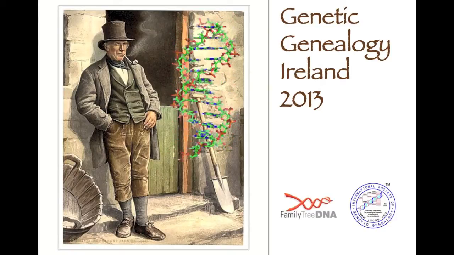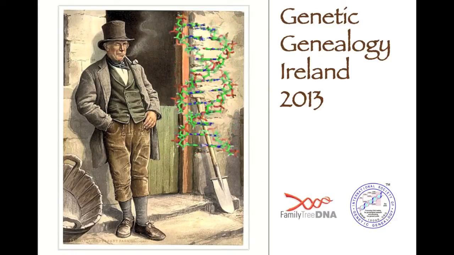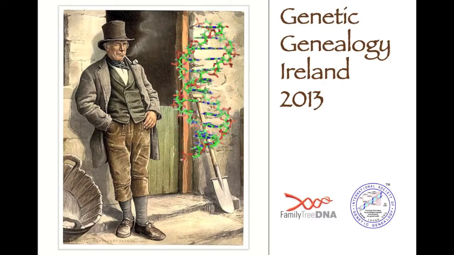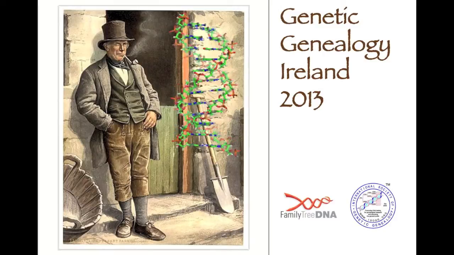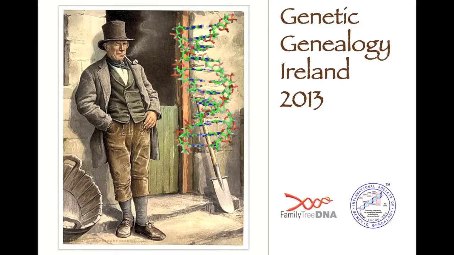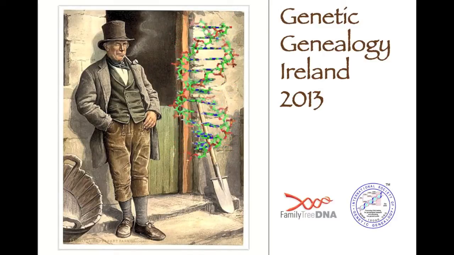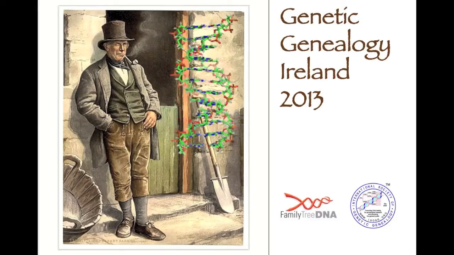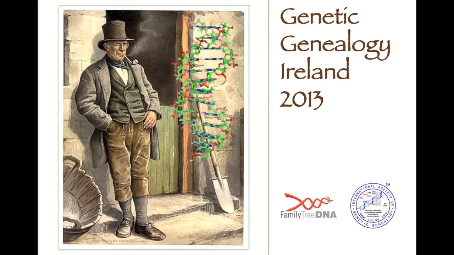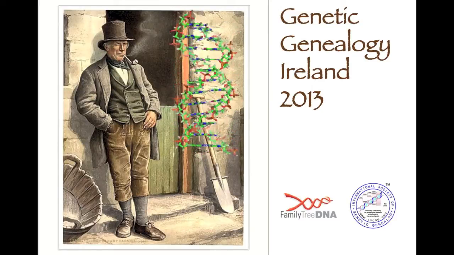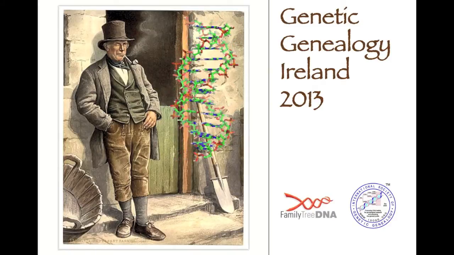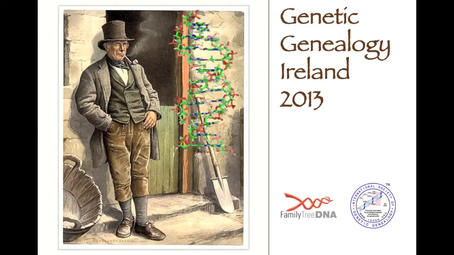That gives us a baseline, and from that we determine anything that's different from that baseline is a mutation away from what was L21. It's also very similar to what's called the Atlantic modal haplotype. So we work away from that. And when we have particular clusters of mutations, like in 6 or 7 different places, we've talked about the South Irish haplotype.